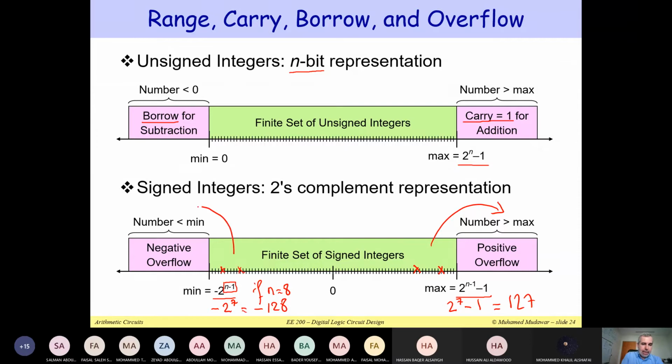Then you get a sum which is smaller than the minimum negative. Then you get negative overflow. So you have overflow in these two different directions: positive overflow means that your sum is greater than the maximum, and negative overflow means that your sum is less than the minimum. In both cases, we have overflow. Is this clear?